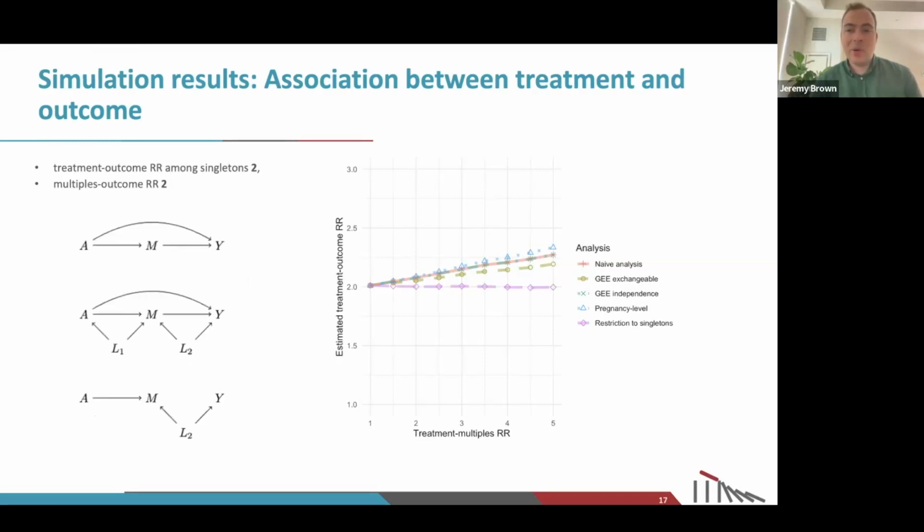But in practice, we might not actually be estimating a controlled direct effect in mediation terminology, but there may be confounding there. And when we're restricting to singletons, we may even introduce an association where there isn't one overall due to a collider, well, multiple gestation being a collider.